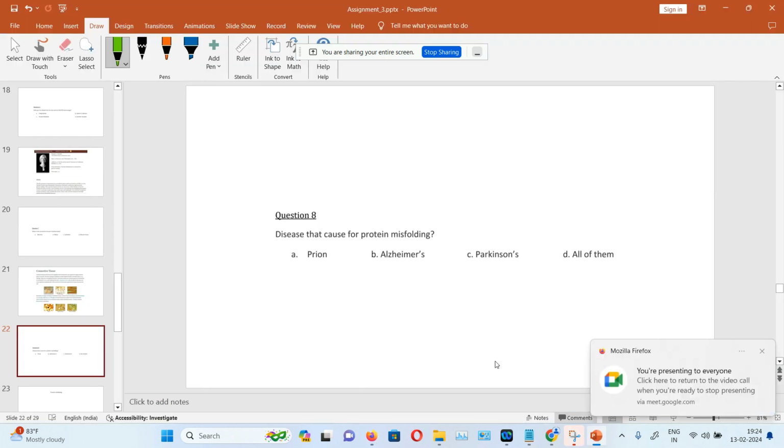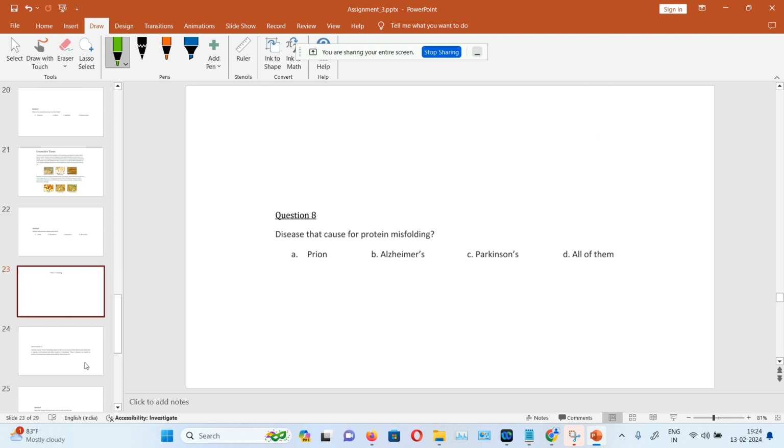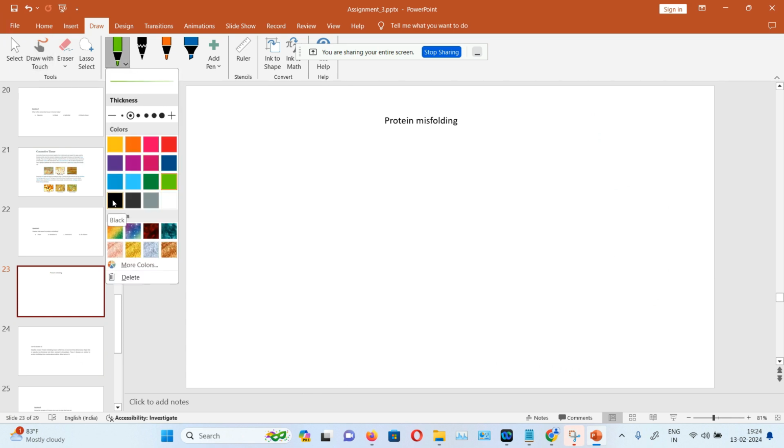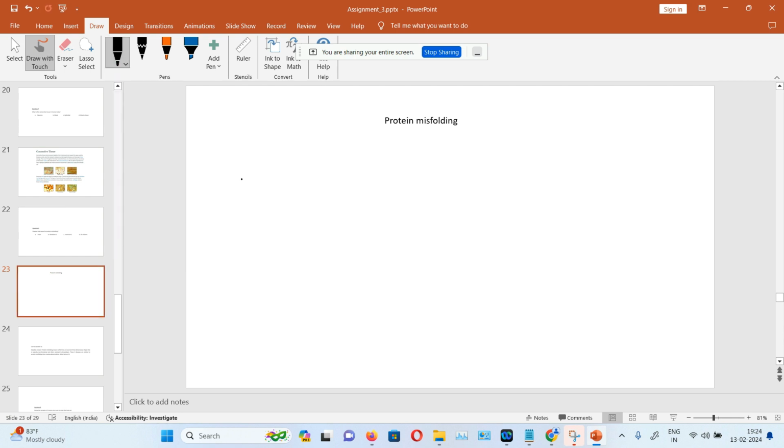Here, there is an interesting fact. Even though we are talking about diseases, these diseases are coming because of protein misfolding. How are proteins synthesized? They are synthesized from our DNA.